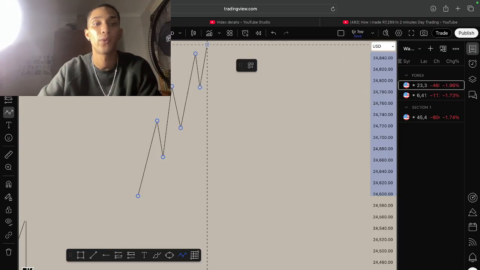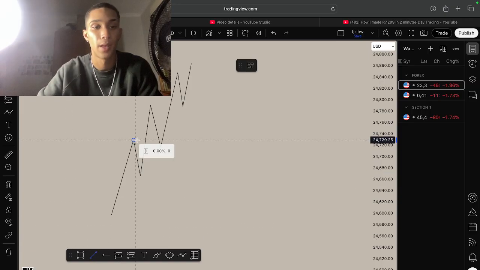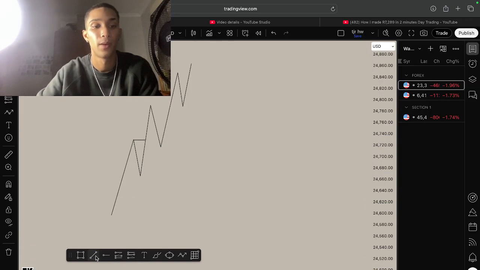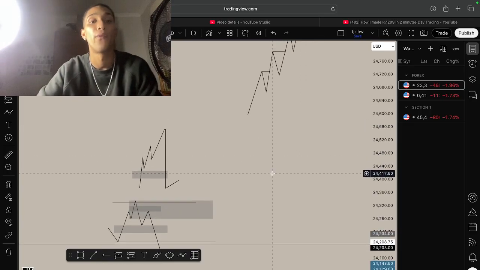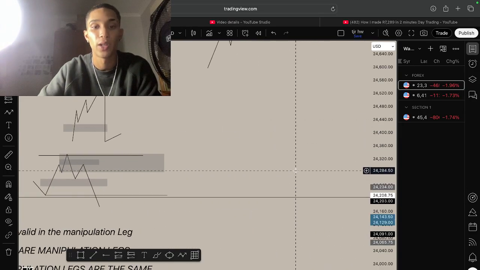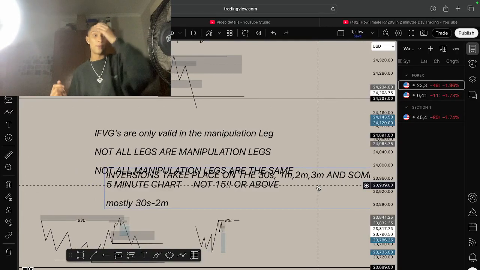Each of these swings higher manipulated new liquidity. This leg swept that high, this leg swept that high, and so on. And the only time you're going to use a 5-minute inverse is when it really just flushes up for 5 minutes straight and then flushes straight back down, canceling out the whole range for 5 minutes straight.